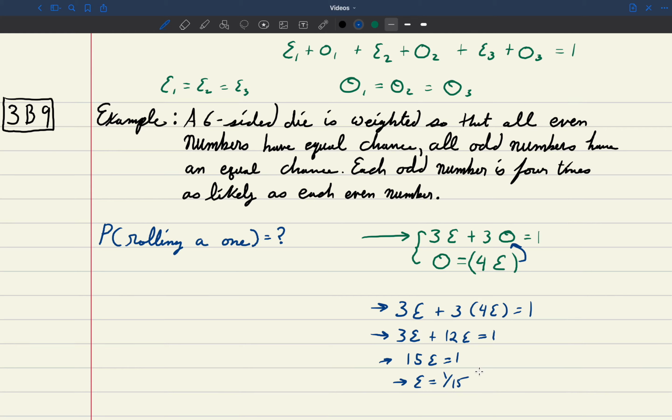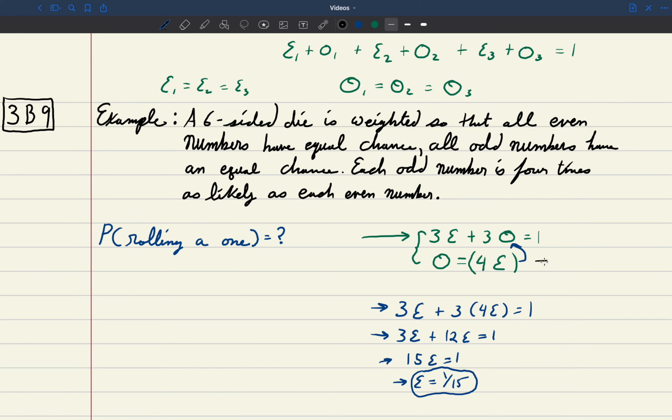Okay? So there's the even. So an even number, even 1, 2, and 3, individually equals 1/15. So we know what the even numbers are. But what are the odd numbers?